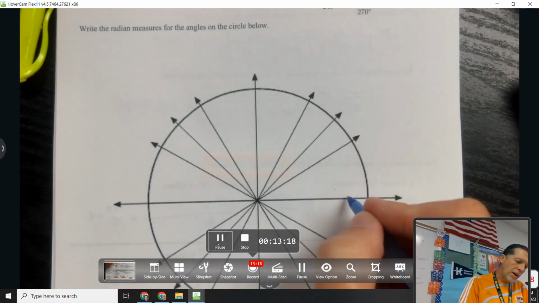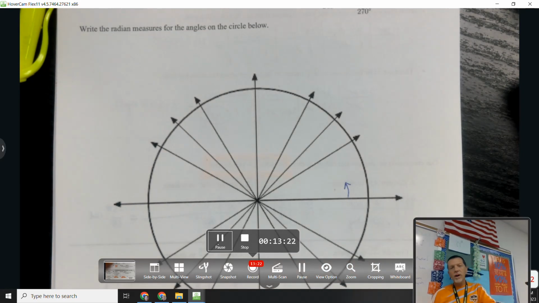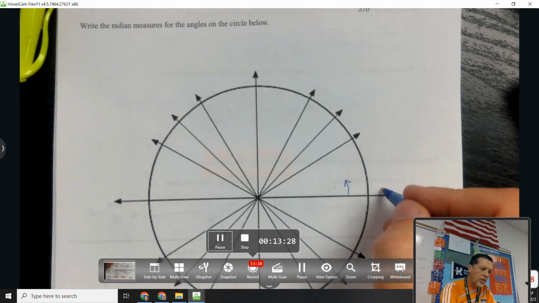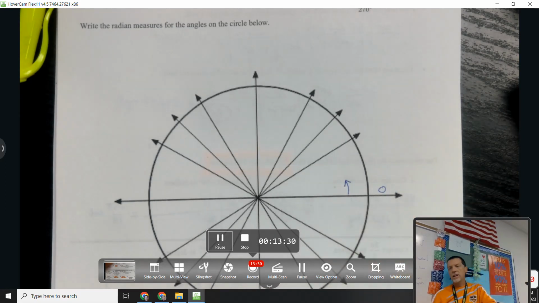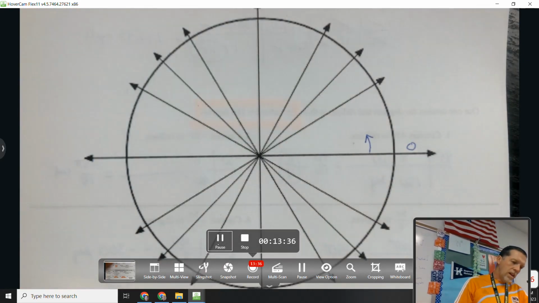When we measure an angle on the circle, we start at the positive axis and measure counterclockwise. So we start at 0, that's easy, whether it's degrees or radians. And what was our main conversion factor for degrees to radians?